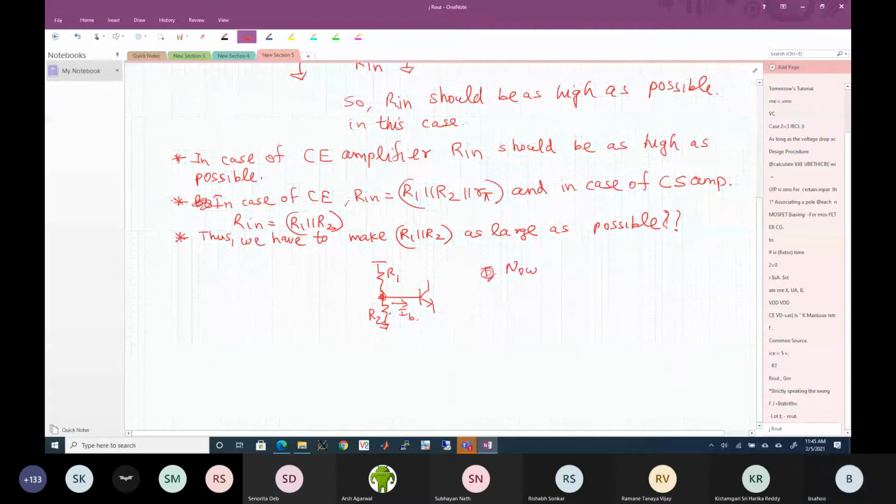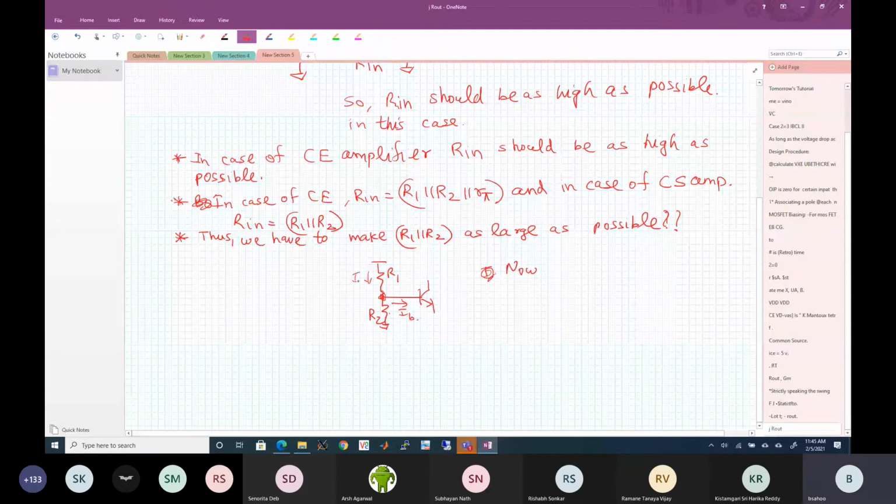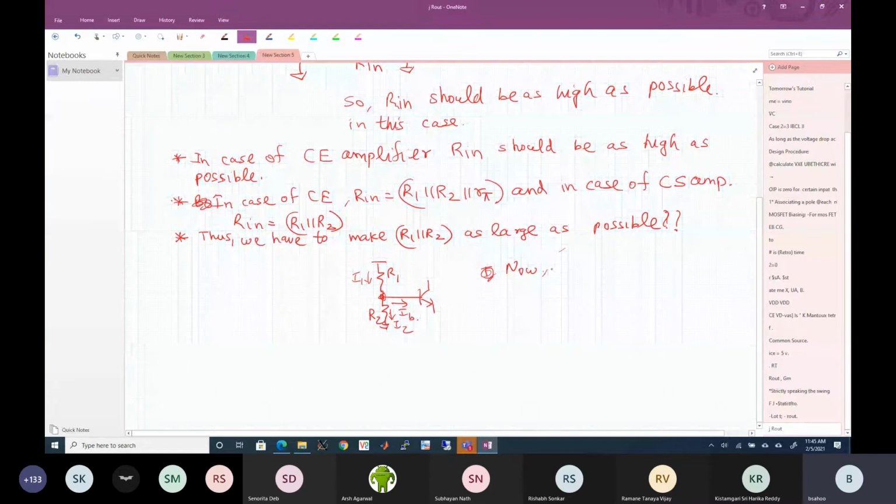In this scenario, IB is much smaller than I1. This is important.